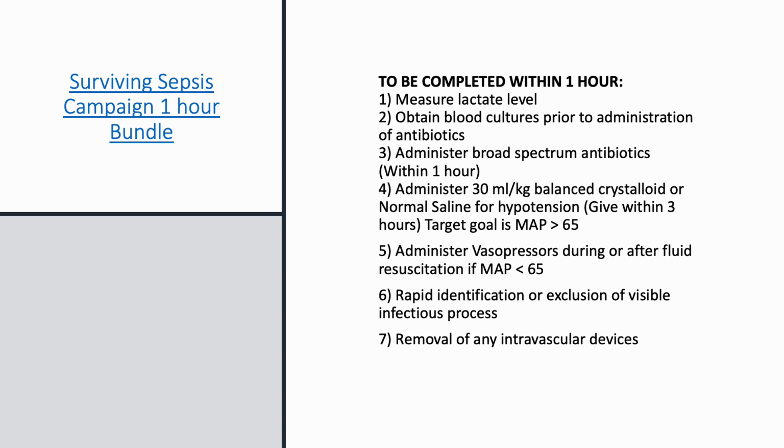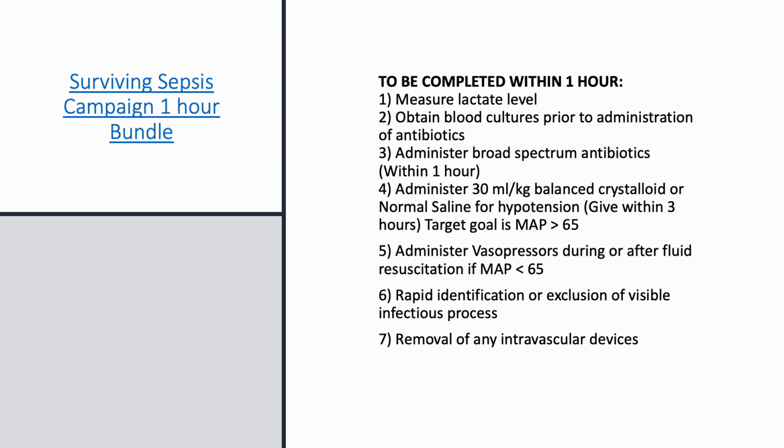You want to identify or exclude the source of infection quickly and eliminate any obvious infectious sources, like if there's an abscess or if the patient is suffering from pneumonia. You want to remove intravascular devices because those potentially infected lines or catheters may be contributing to the sepsis.